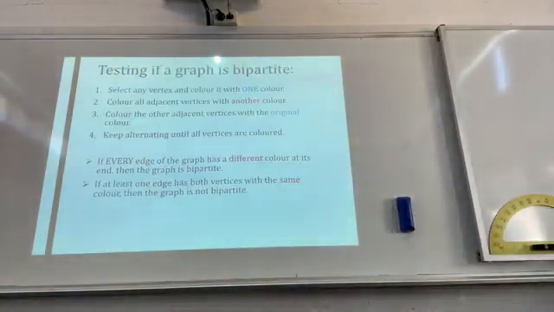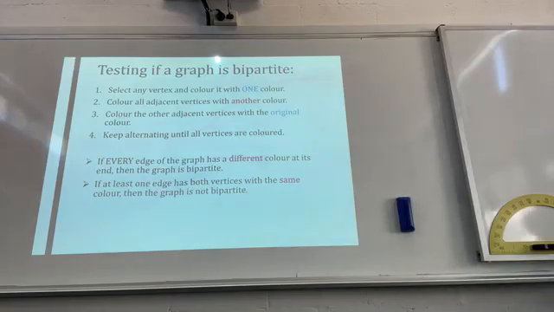Now, testing if a graph is bipartite. Start at any vertex and color with one color, or use a marker. A cross or circle, and then color or mark all adjacent vertices with another color or another marker. Keep going until you have exhausted all the vertices.